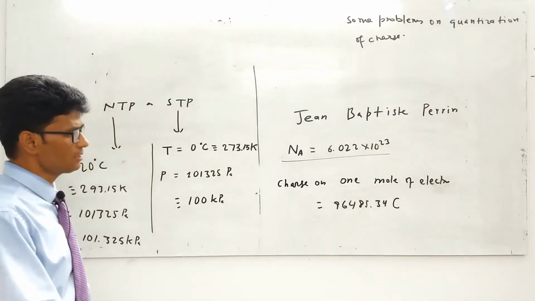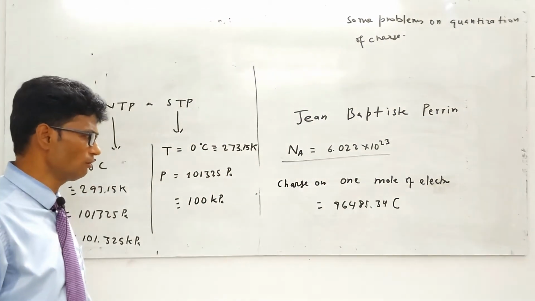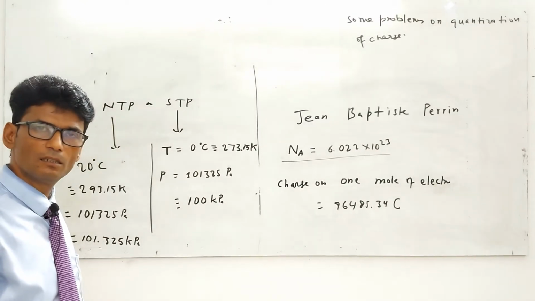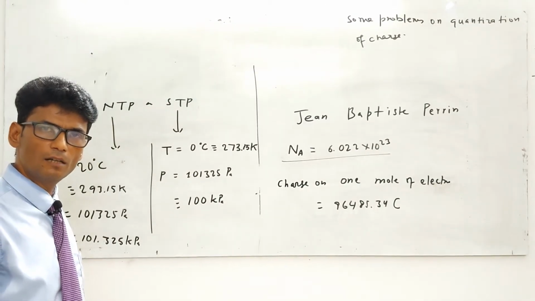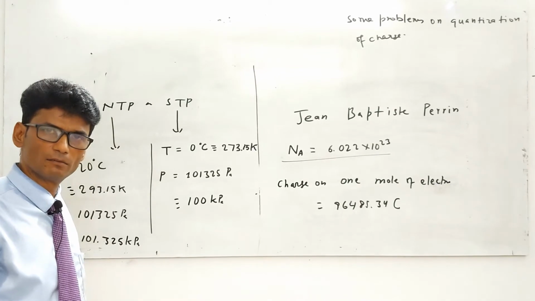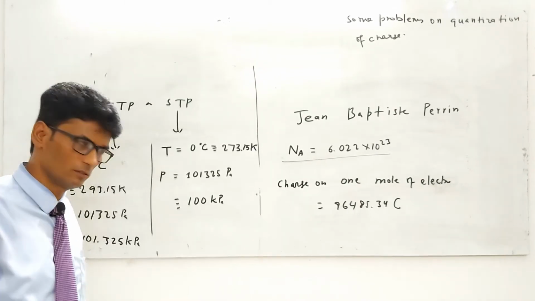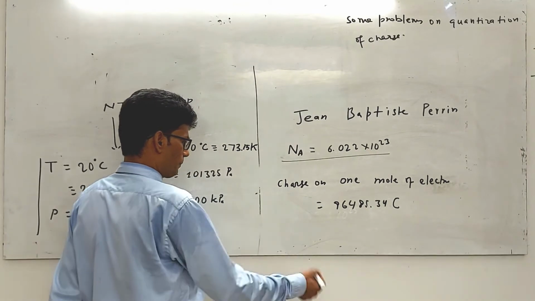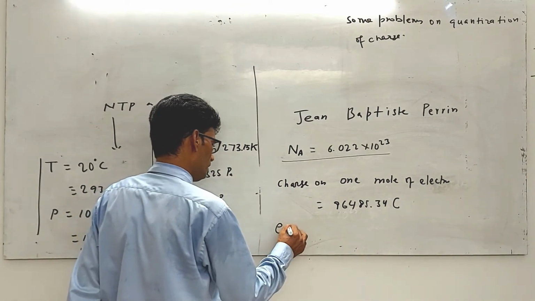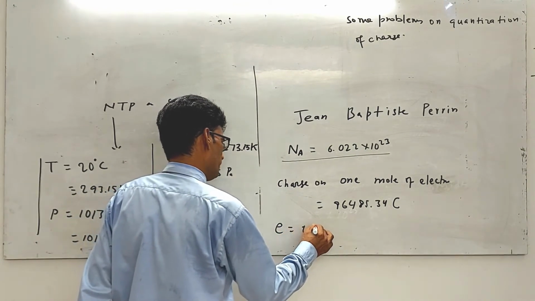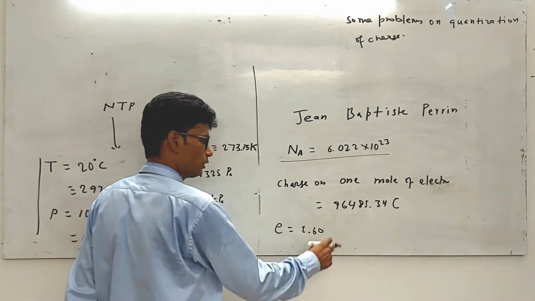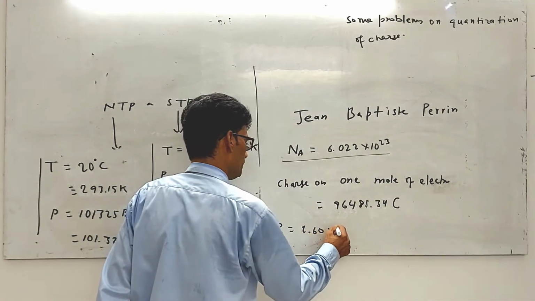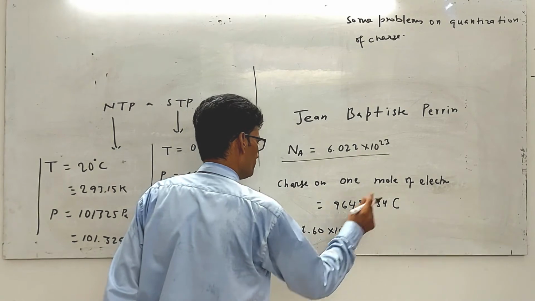And after the discovery of the charge of electron by R.A. Millikan, Robert Andrew Millikan, as per his oil drop experiment, we all know e is 1.60, rounded up to 2 decimal digits, times 10 to the power of minus 19 Coulomb.